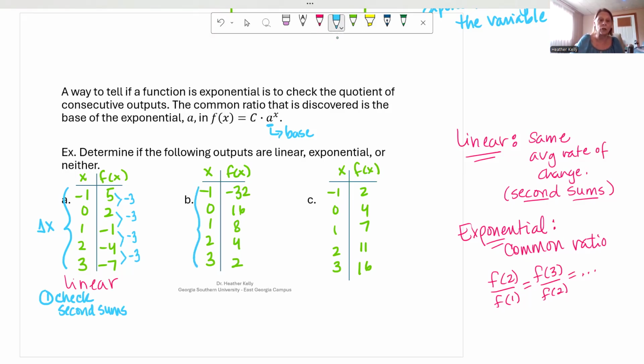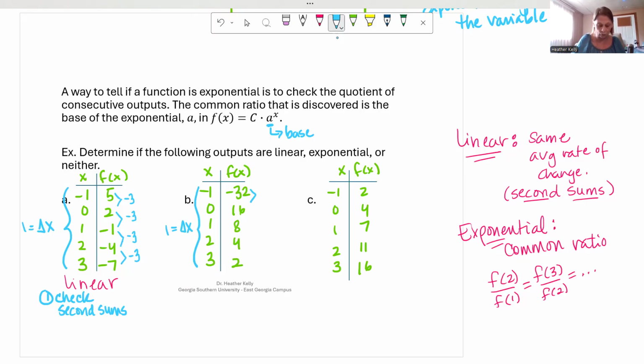Okay, now let's take a look at the next one. If we take a look here, we still have our delta x is equal to 1. We add 1 to get to the next one, right? Each one we just add 1. So now let's take a look here at the second sums. -32 to 16. What did we have to add there?